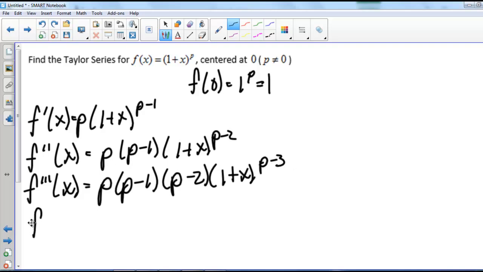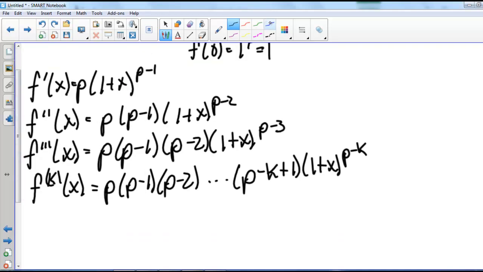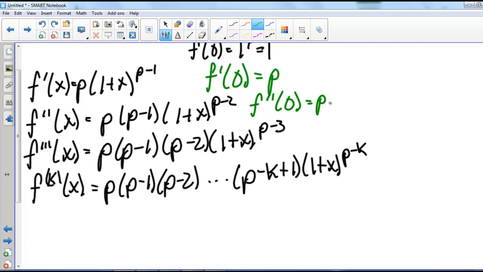The kth derivative of f is p times p minus 1 times p minus 2 all the way up to p minus k plus 1 times 1 plus x to the p minus k. When we find the derivative at 0, we find that the first derivative is just p. The second derivative at 0 is p times p minus 1.